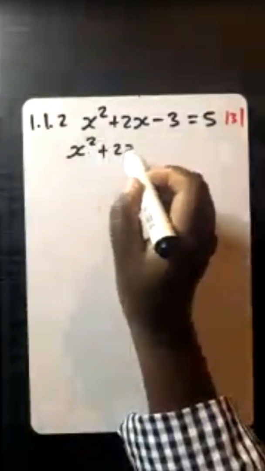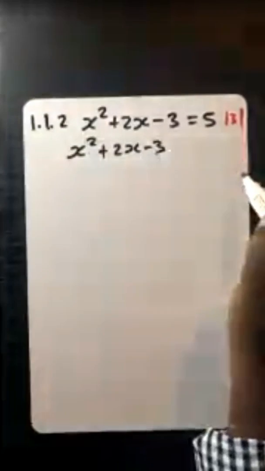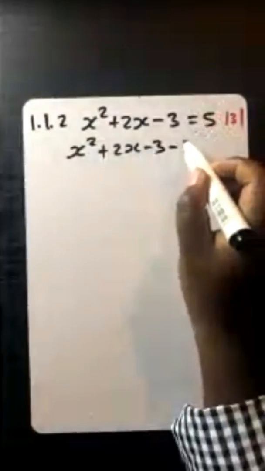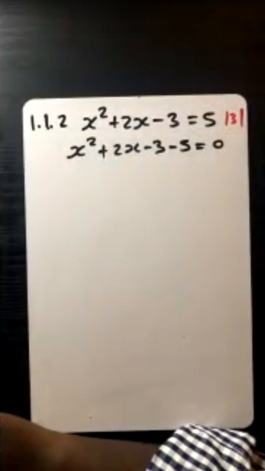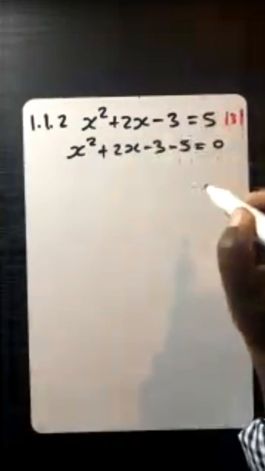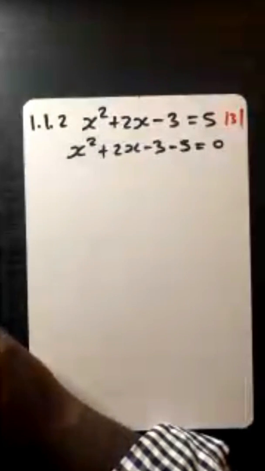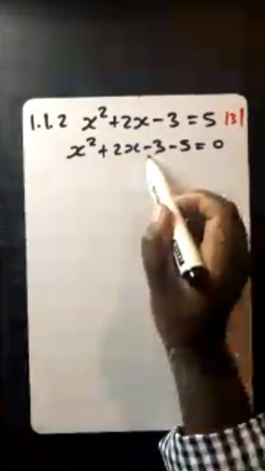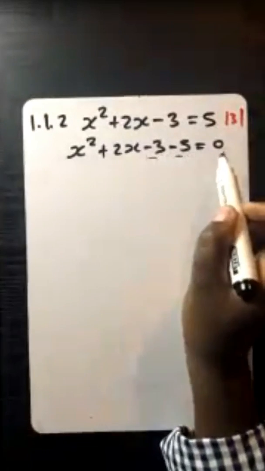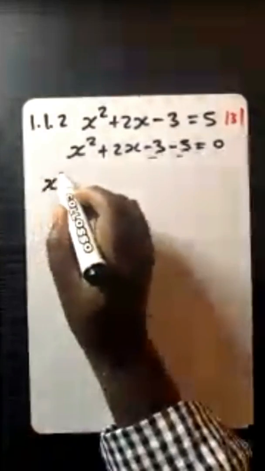So I've got x squared plus 2x minus 3. Then I need to transpose. It changes the sign. It becomes minus 5. Why did I have to transpose? It's because I want the whole of this to be equal to 0. So do I have the like terms over there? Yes, I've got that number and that number, which I can work out on a calculator.